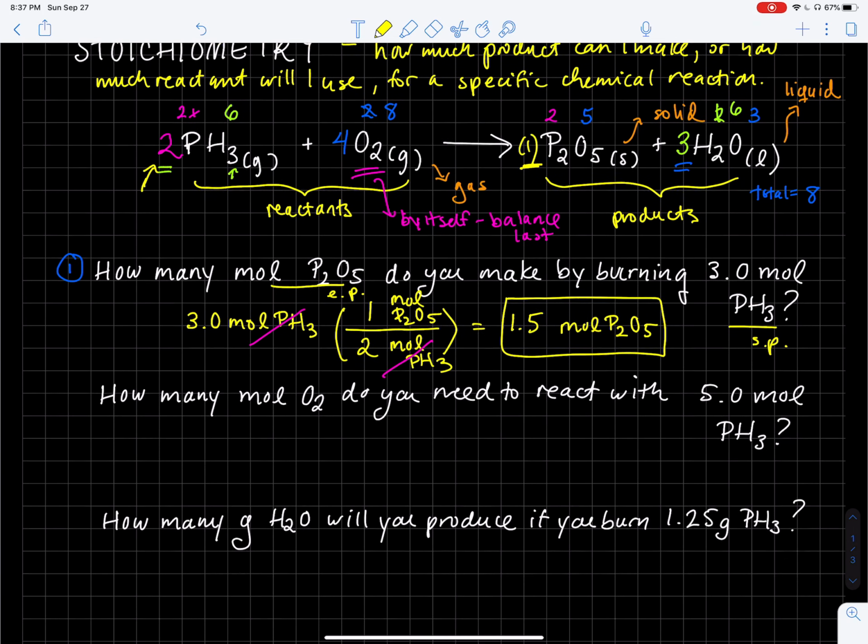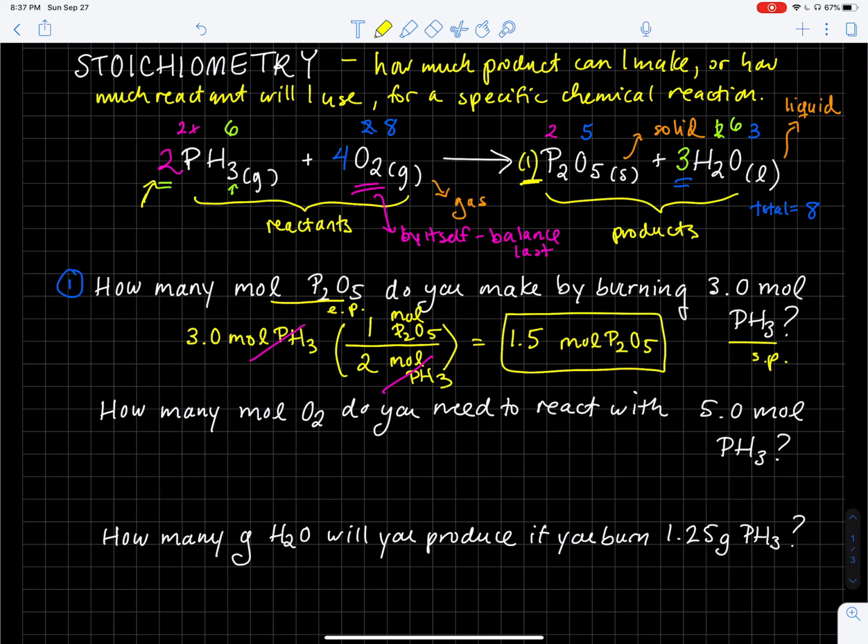So similarly, that was a question where I asked how much product I can make. You can ask a question about any ratio within this equation. This particular reaction has 2 reactants and 2 products, and the coefficients tell us the ratio between all of them. So in this problem, the question is how many moles of O2 do you need to react with 5 moles of phosphine?